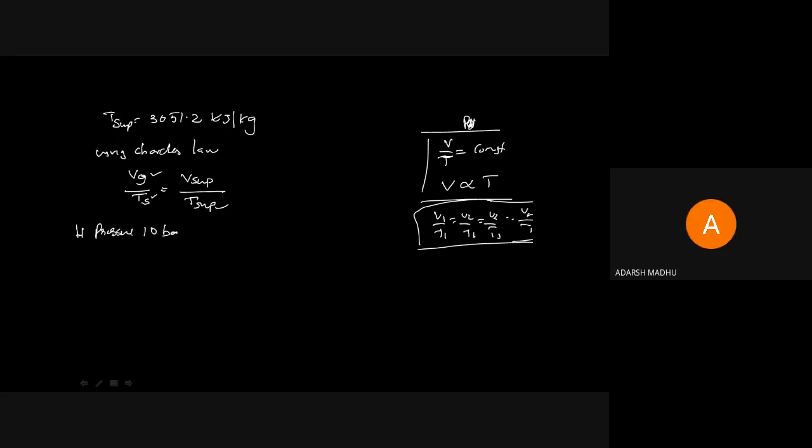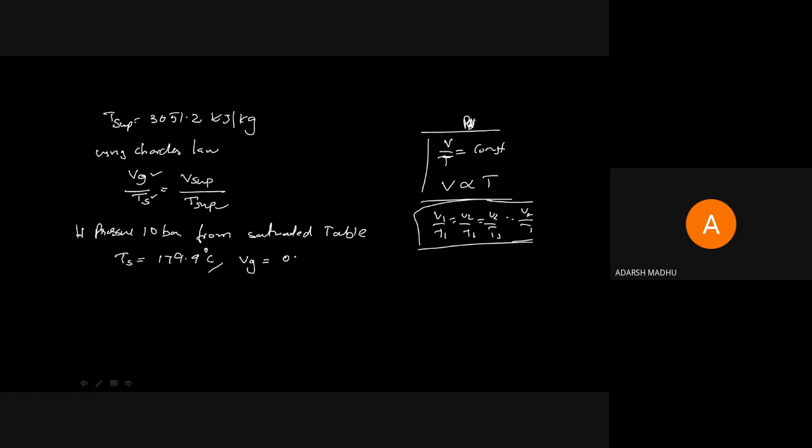At a pressure of 10 bar, from the saturated table, write this down, because only this will get marks. We have Ts value equal to 179.9 degrees Celsius. What is the value of Vg? 0.194.